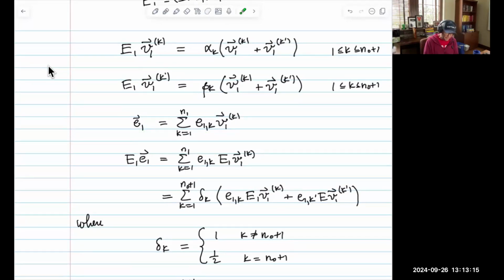Now, I can do this in a couple of different ways. I could write this as the sum from k equals 1 to n0 plus 1, delta k, E1k, V1k, plus E1k prime, and V1k prime.